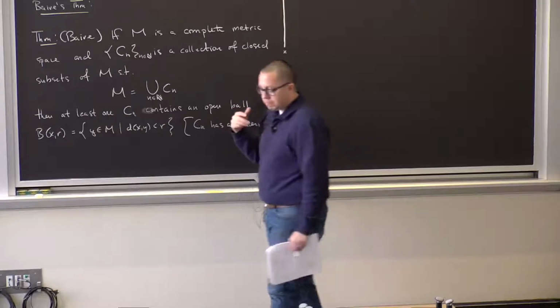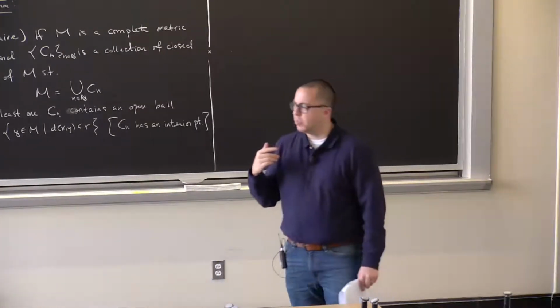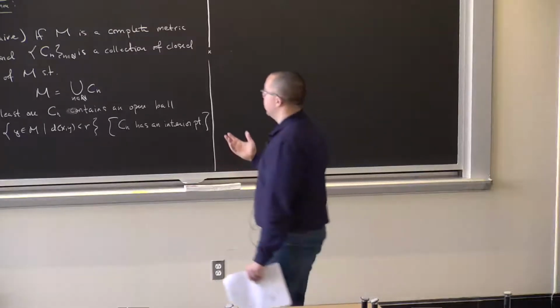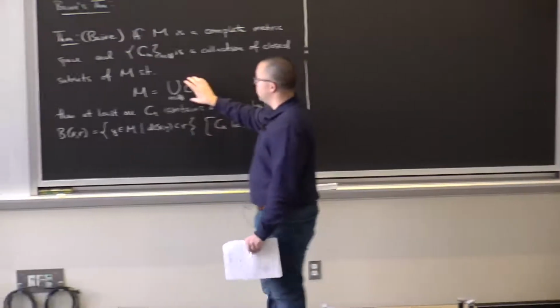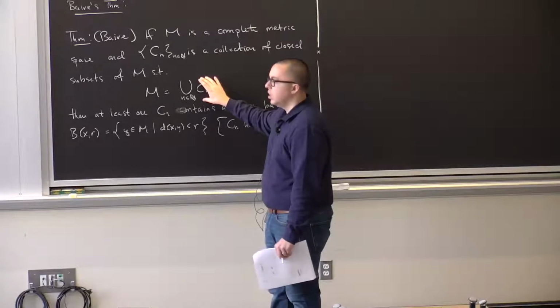And now, let's think a little bit about what it means. There's a specific terminology for when the closure of a set does not contain an open ball. That means it's nowhere dense, or that's the phrase we usually use for that.